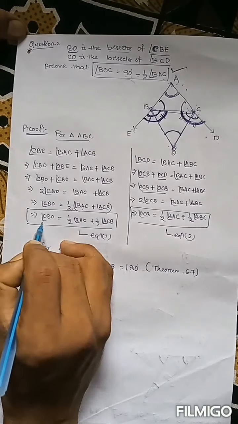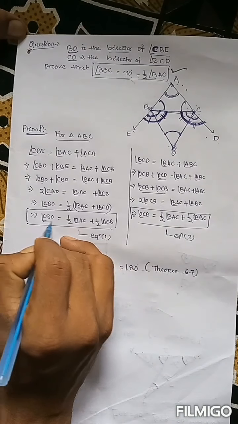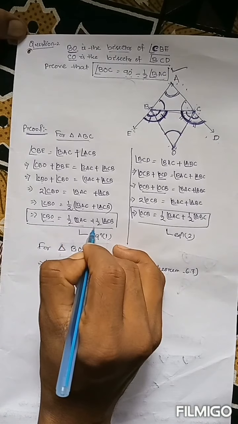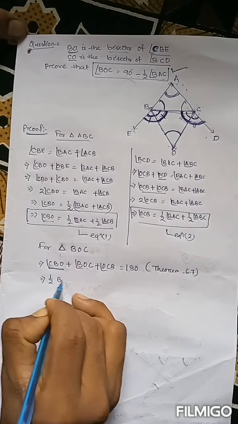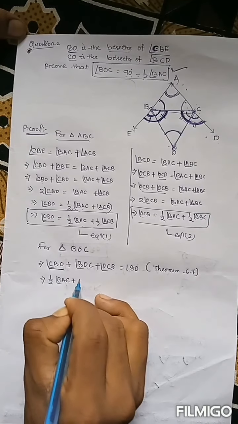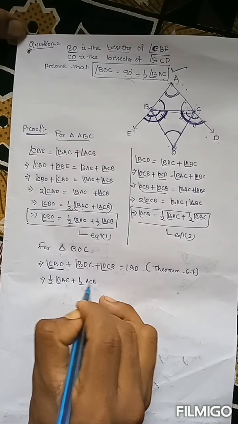Now from equation 1 we get CBO is equal to half of BSC plus half of SCB. So in the place of CBO you can put half of BSC plus half of SCB.